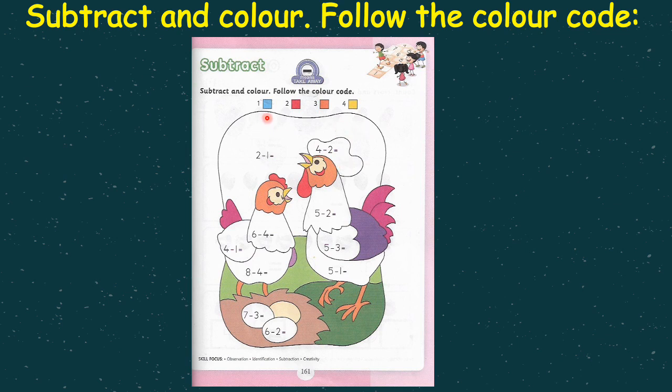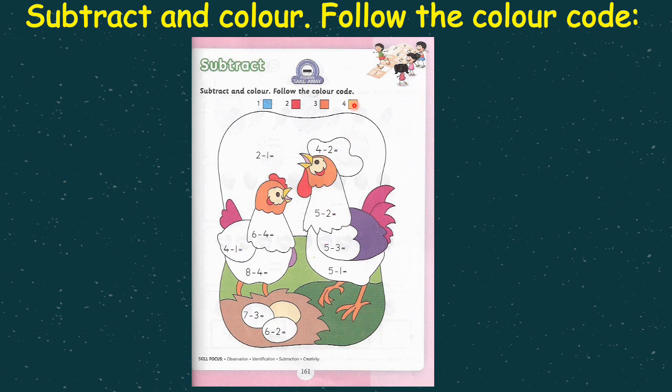If you get the answer as 1, you need to color it in blue. If you get the answer as 2, you need to color it in red. If you get the answer as 3, then you will be coloring it in orange.